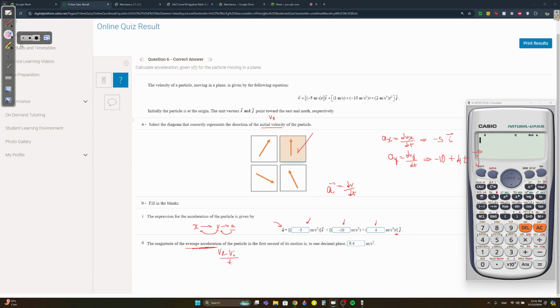Okay, let's see here. In the first second of its motion, so between 0 and 1 second. So I want v1 minus v0 divided by that time. Let's find v1. v1 is equal to minus 5 times 1 i plus 1 plus minus 10 times 1 plus 2 times 1 squared j.